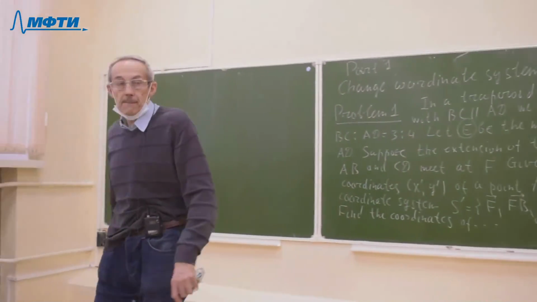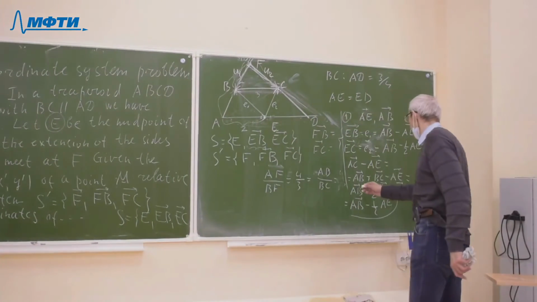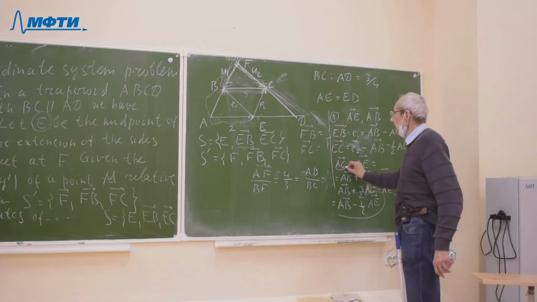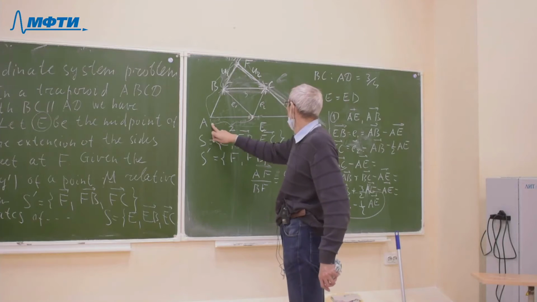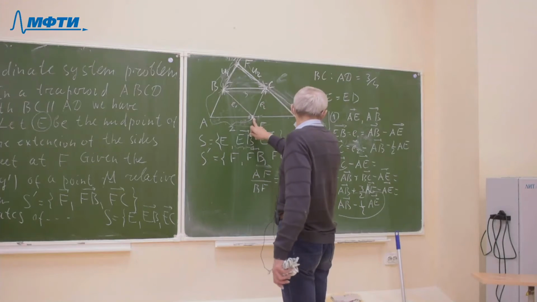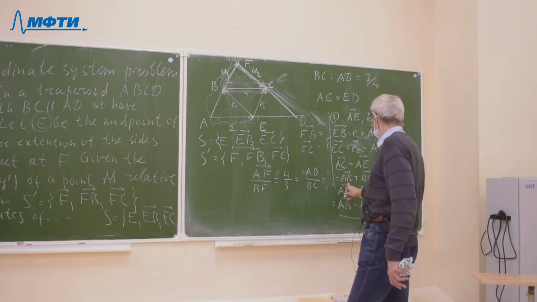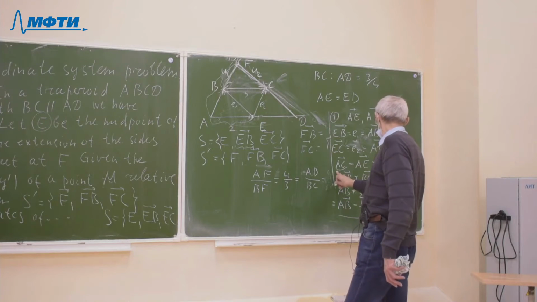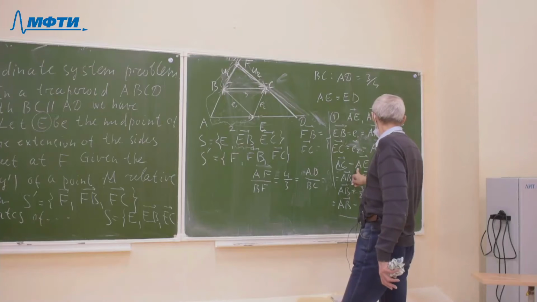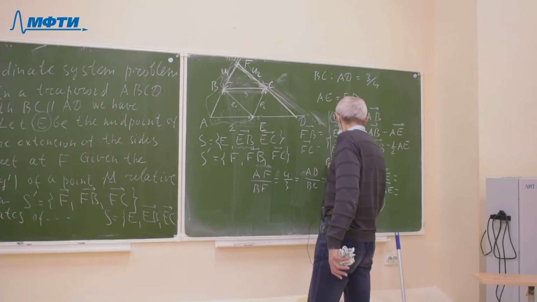Shouldn't AB be AB plus 1 over 2 AE? Let's check. AC minus AE, E2.